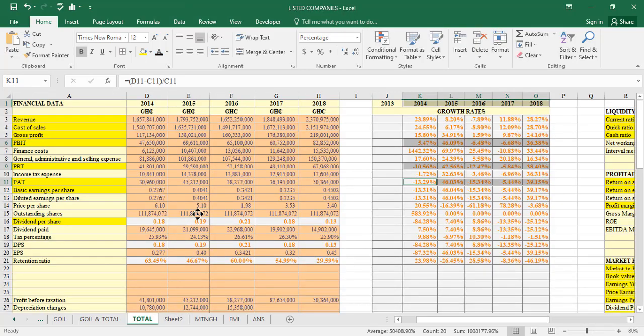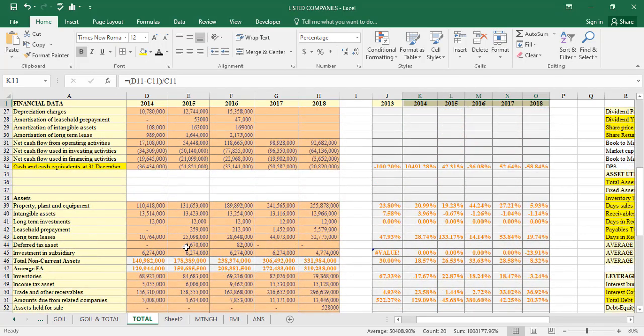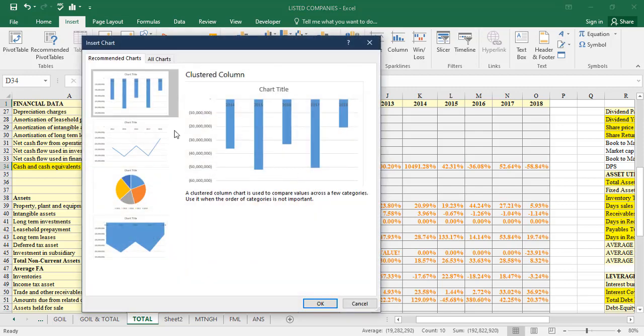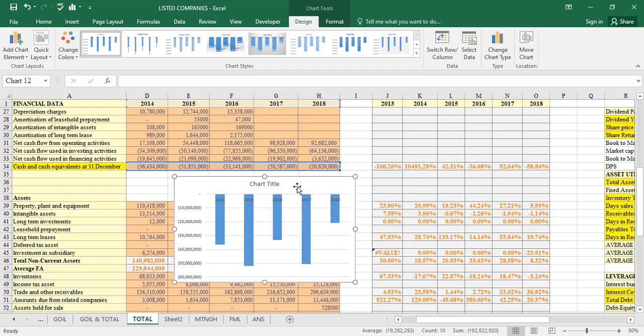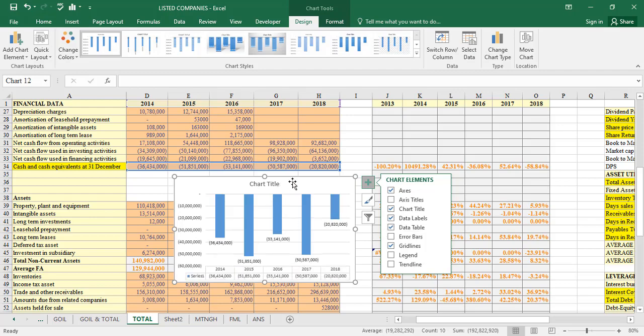Now let's look at the company's statement of financial position, how it has also fared. No, before that, let's look at the cash and cash equivalents. And this cash and cash equivalents here represents the cash flow amount of the company's cash and cash equivalent. All right, so let's insert the data here.